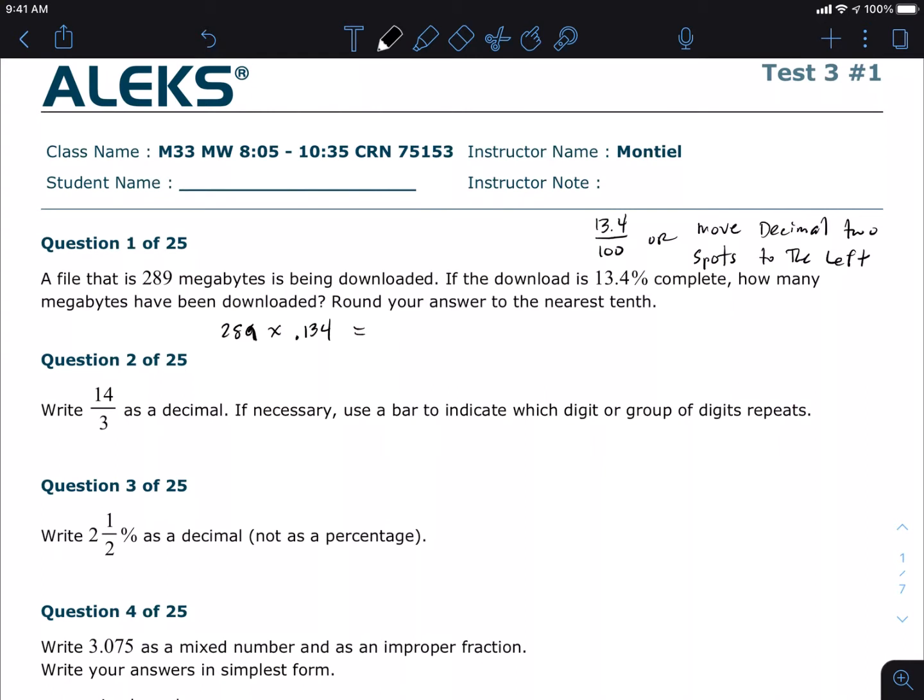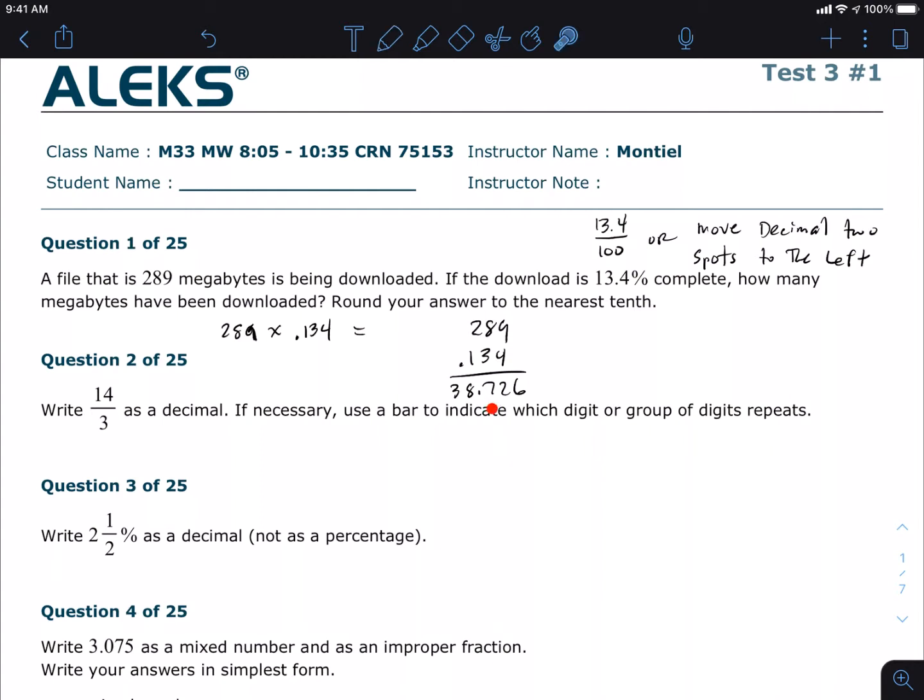Then multiplying this, we can do it like this and do the multiplication. But I believe in this problem, they're going to allow you to use a calculator. And so if you are allowed to use a calculator, it's just the 289 times 0.134, which should give us 38.726. And what we're looking at is they want tenths.